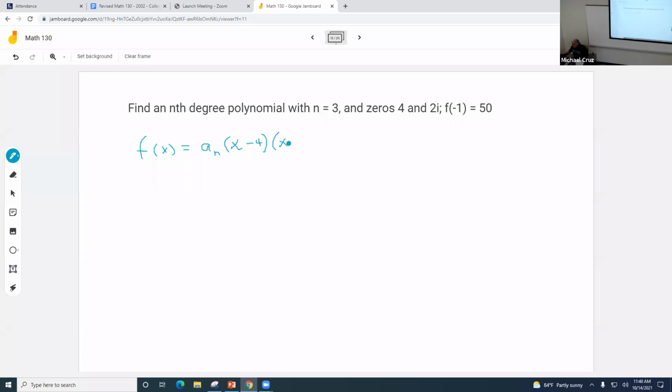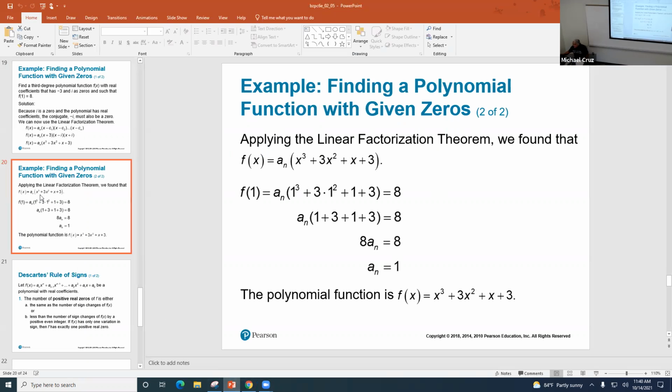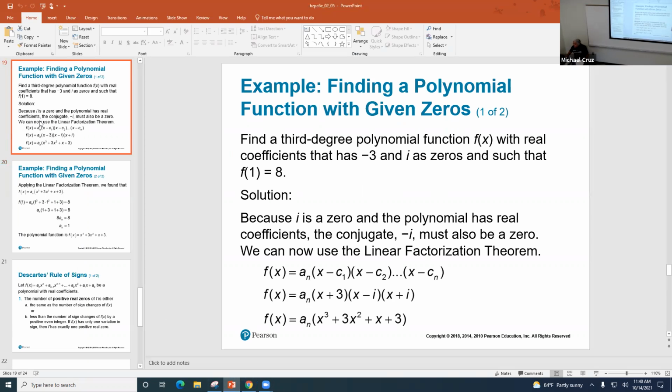And then it's x minus 2i. So that's the other one they give us. And as I said over here, the conjugate always comes along for the ride. So they told us 2i, so negative 2i will also be.